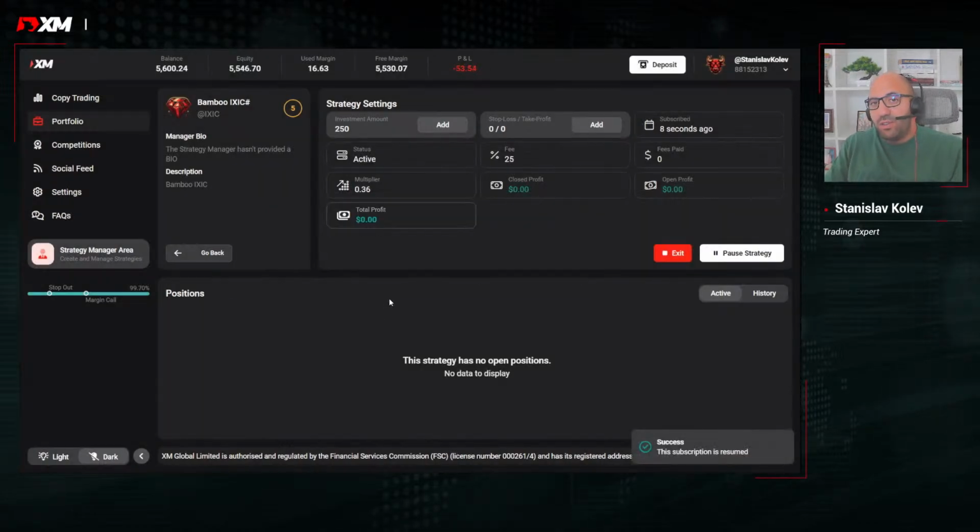Also, if you would like to abandon a particular strategy, you could always click on exit and it's going to close all of the running positions and your account will be out of copying further positions executed into this.